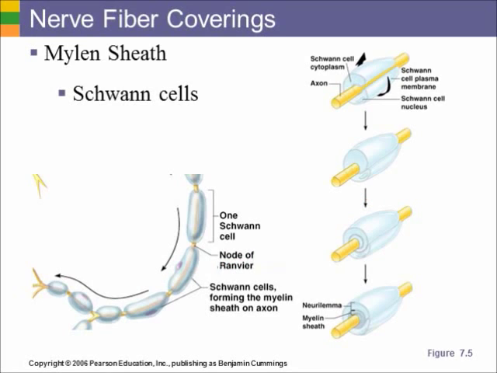Now, Schwann cells just attach themselves to little tiny pieces of the axon. They are separated from each other by a little gap right here between the two Schwann cells. That is called the node of Ranvier. Now, in the next lecture, we're going to be looking at how a nerve impulse is first of all generated and then transferred across the cell.